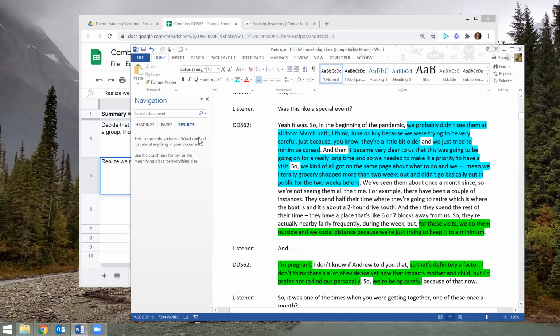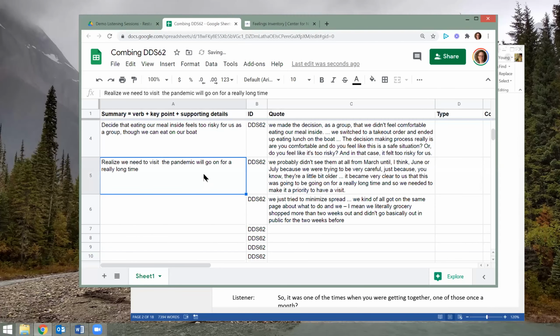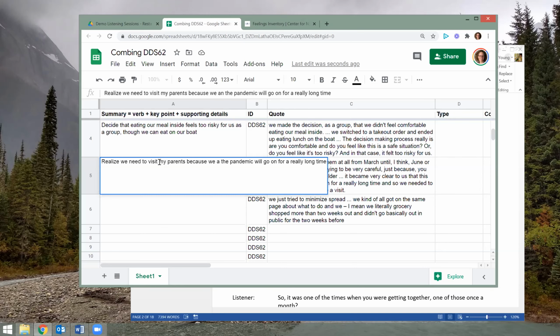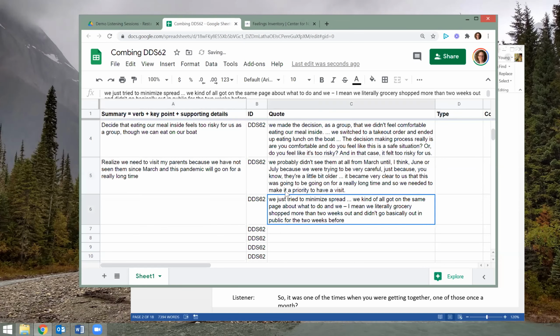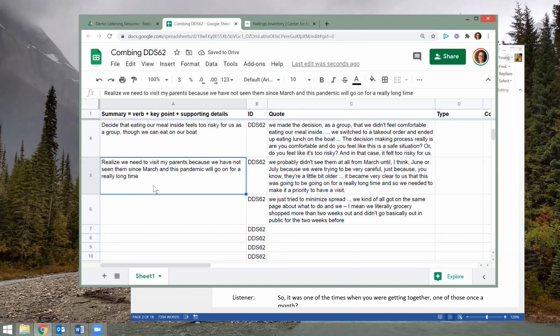I think I'm going to call it her parents. It's either in-laws or parents. Realize we need to visit my parents because why? We have not seen them since March, and this pandemic will go on for a really long time. That's why. So realize is the verb, and the key point is that we need to visit my parents, or have a visit with my parents.